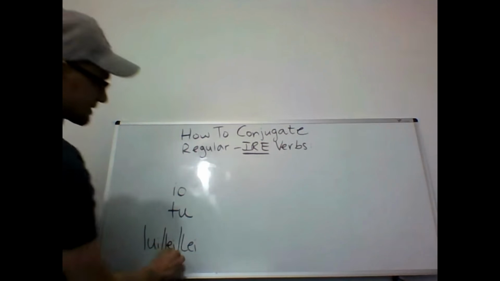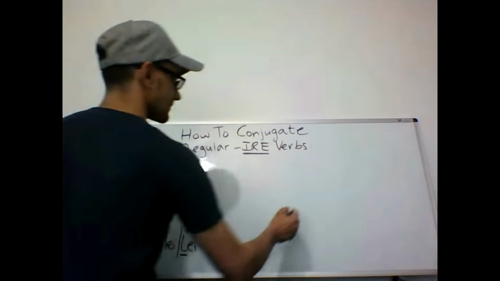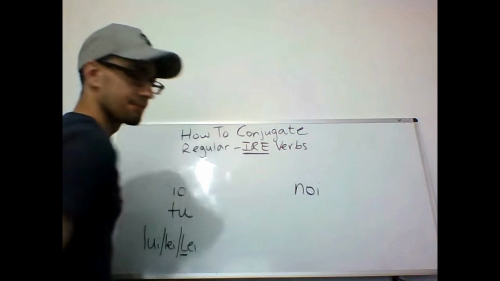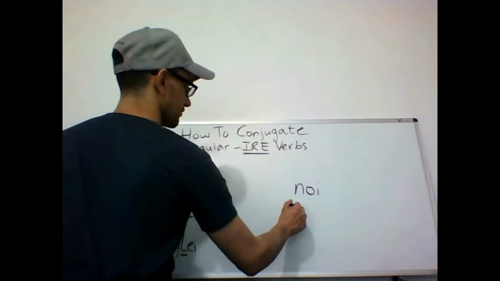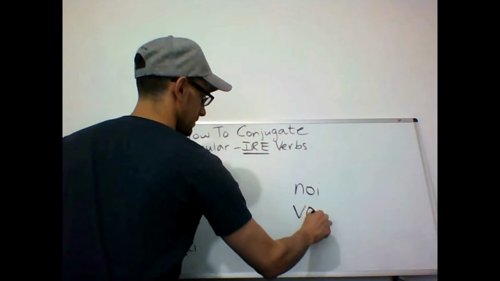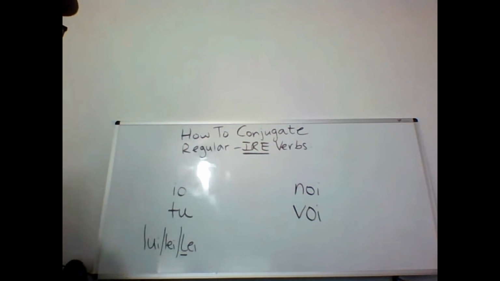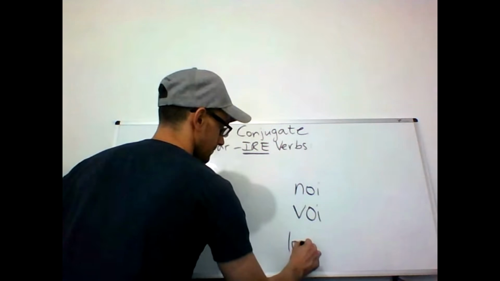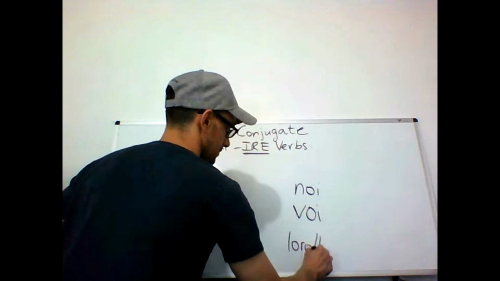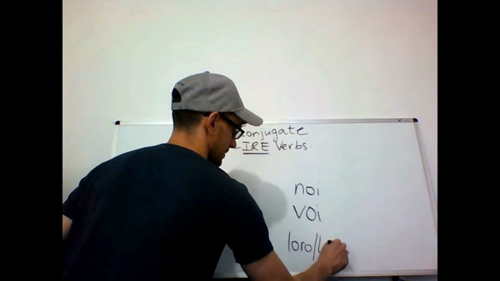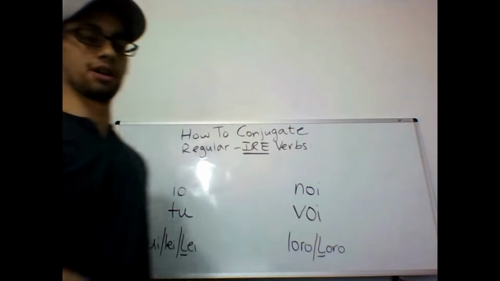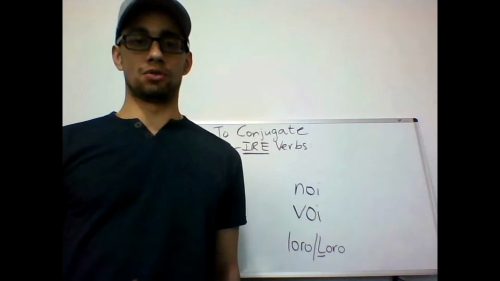The you polite always has that capital L. Then we have noi, which is we. We have voi, which is you all. And then we have loro, and again, that capital L, that's for a group of people that you do not know.